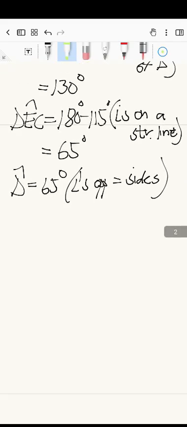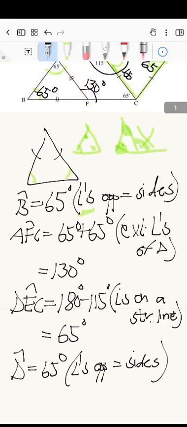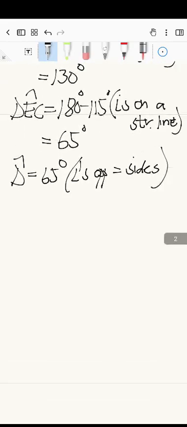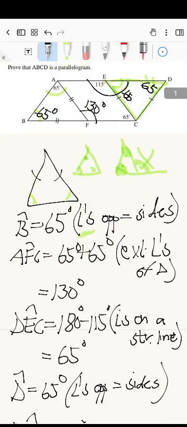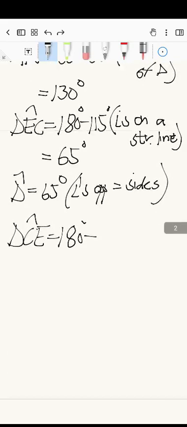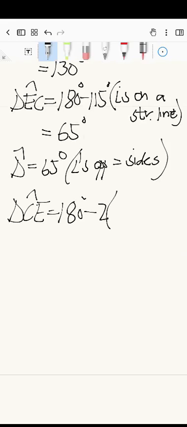So again, we can say that is DCE. So let's go with DCE is going to equal 180 degrees minus, so I'm going to subtract both of these 65s because we have a triangle and those are all the interior angles. So I'm going to say minus 2 65s.